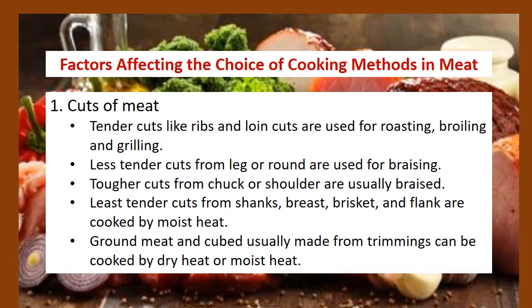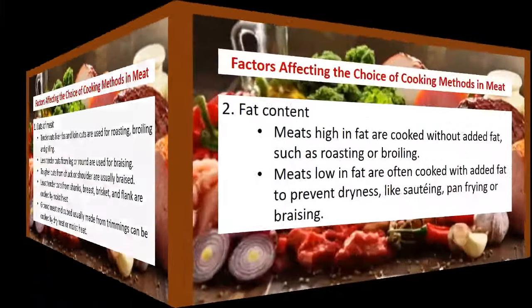Tougher cuts from shank or shoulder are usually braised. Least tender cuts from shanks, breast, brisket, and flank are cooked by moist heat. Ground meat and cubes, usually made from trimmings, can be cooked by dry heat or moist heat.